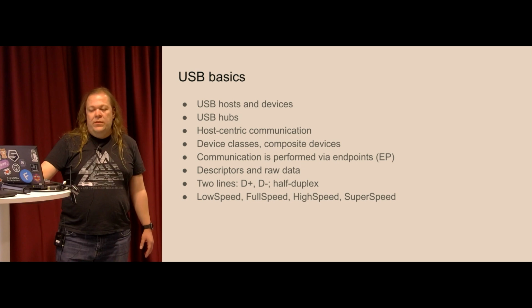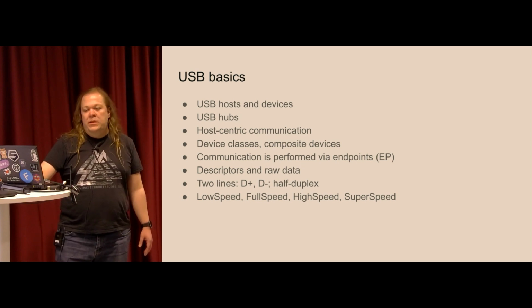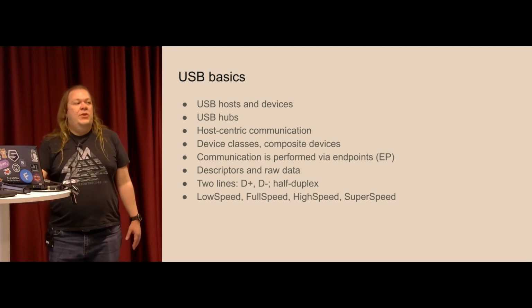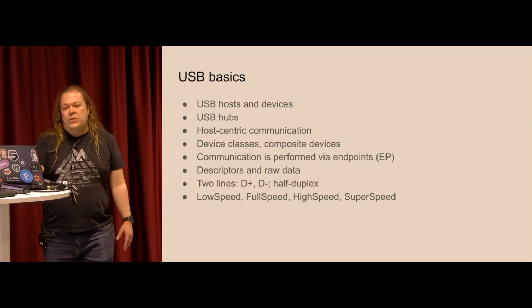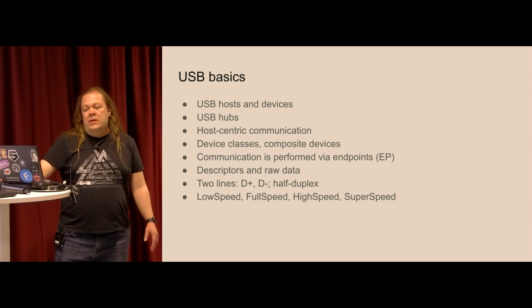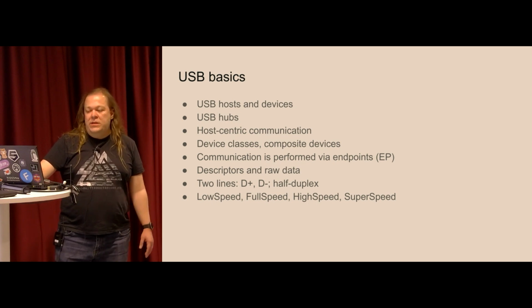There are full-speed devices, which are most microcontrollers, if they support USB. There are high-speed devices, which are high-grade devices at this point, like flash drives, which require more speed, or Ethernet things, and some microcontrollers as well when they have a lot of capacity. And nowadays we also have super speed, which is even faster, and there are multiple ways to do it.